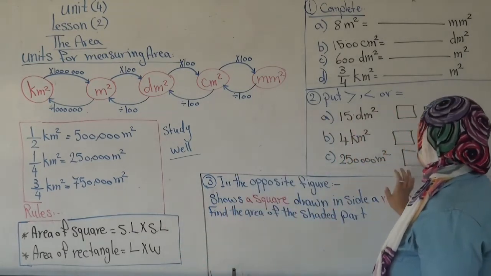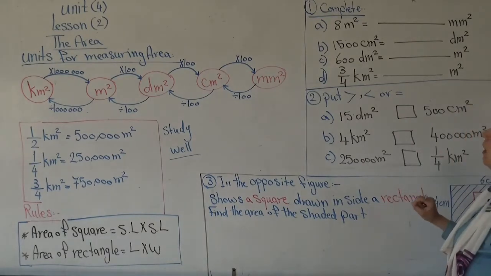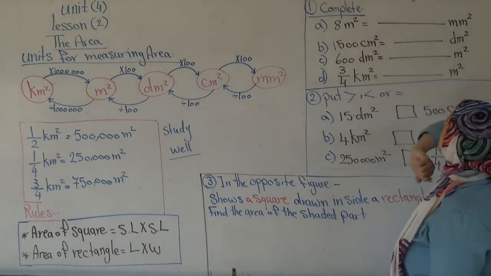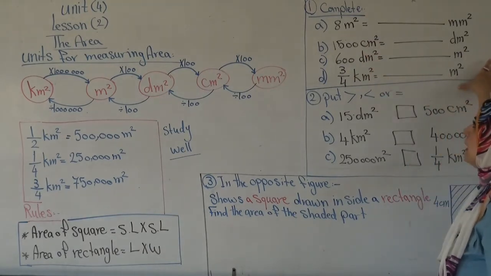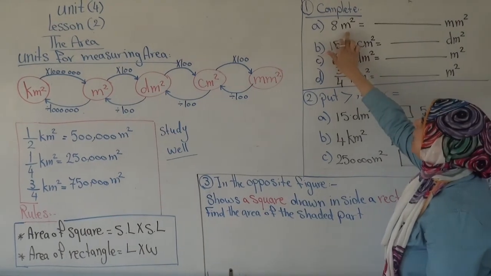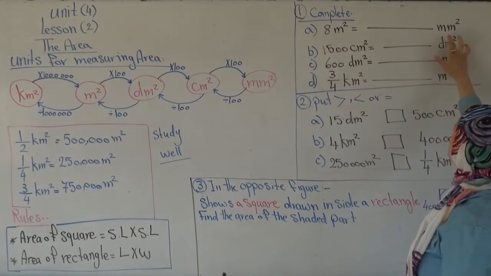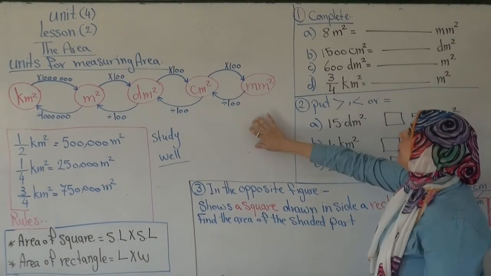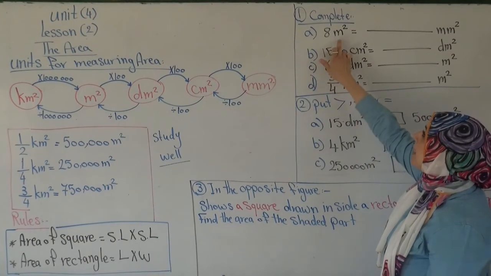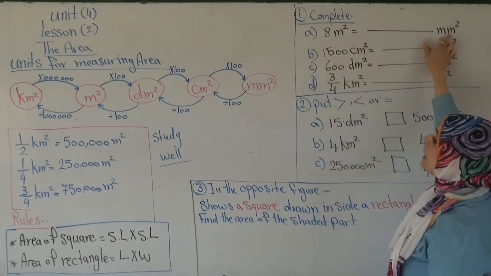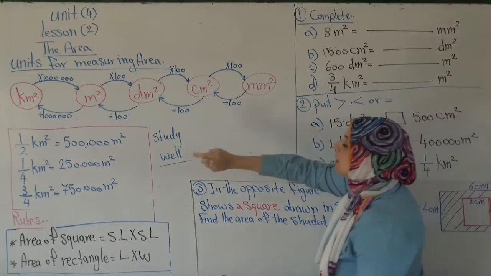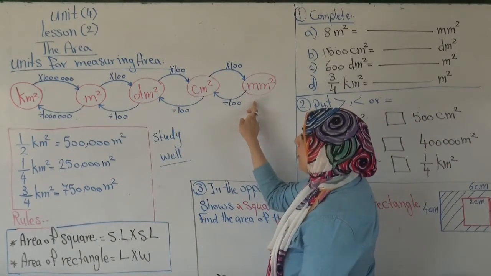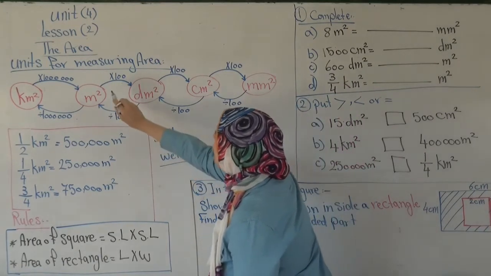After that, how do we get the questions about this lesson? There are 3 types of question. Number 1, complete. This is the easy way to solve this lesson. 8 meters square equals how many millimeter square? We must put the train.